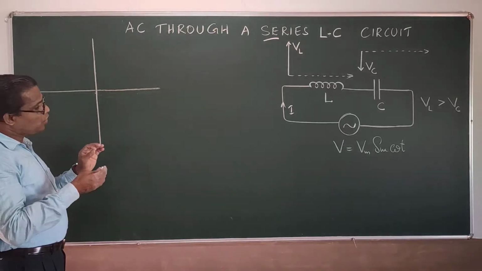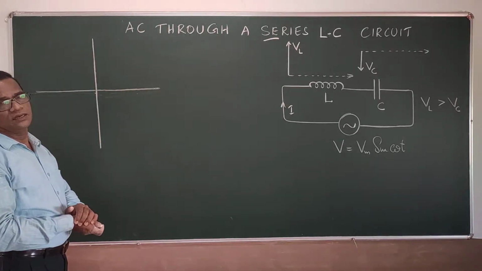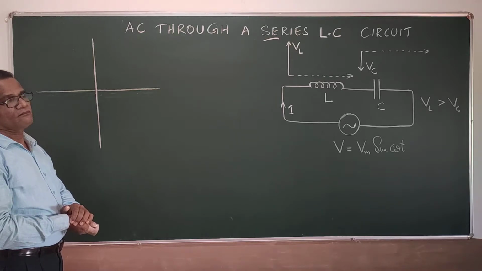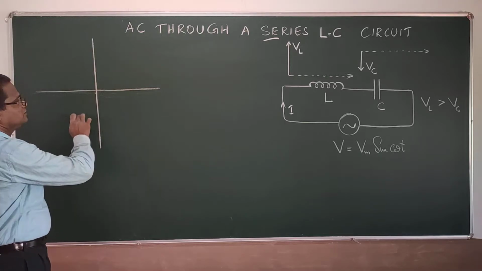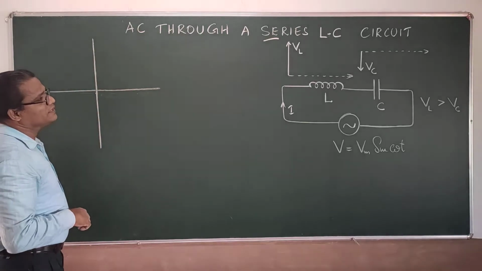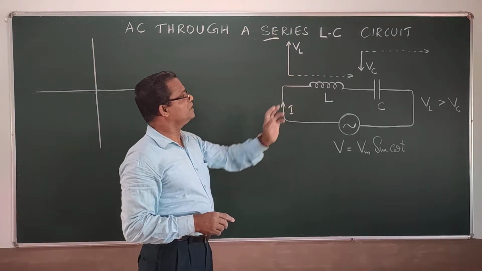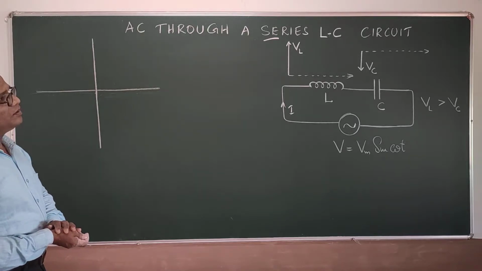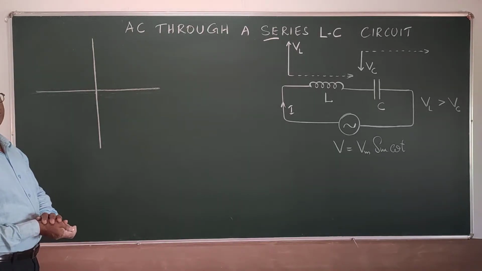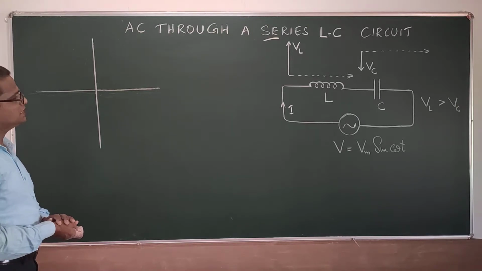Accordingly, I have to consider the current, and then only can I get that V in the first quadrant. But VL is leading the current by pi by 2 and VC is lagging the current by pi by 2. So how should it be? Let's see.